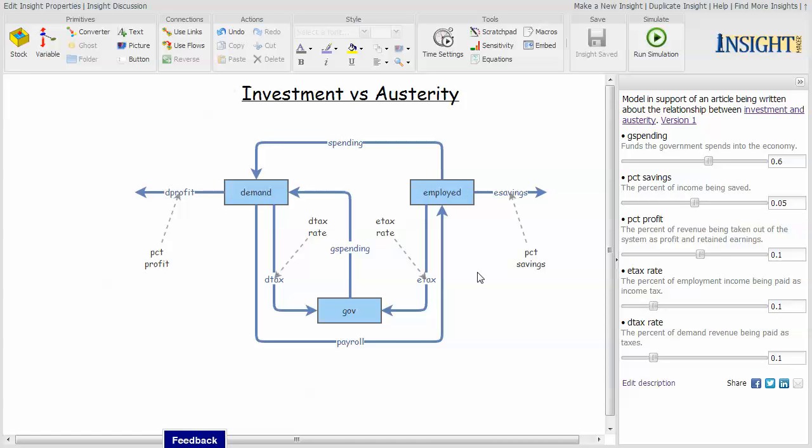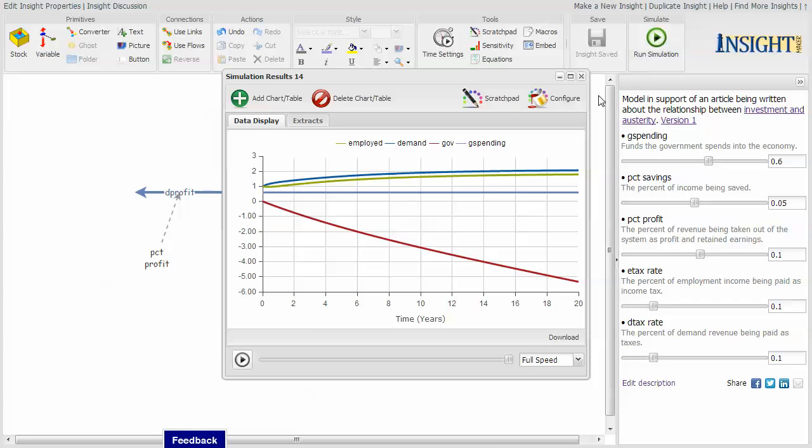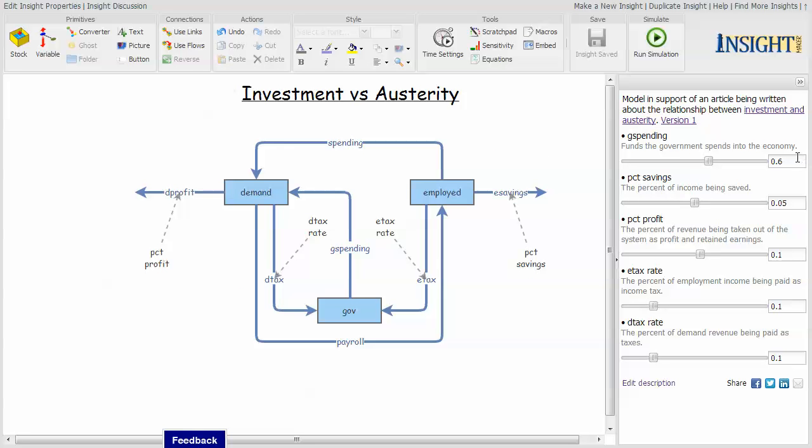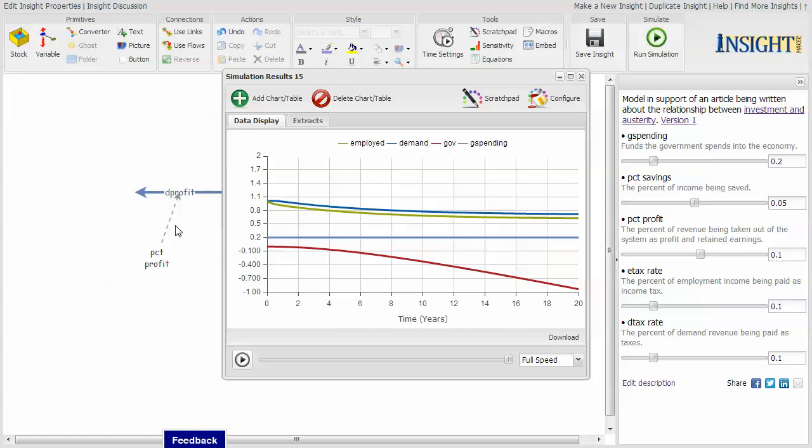And if you specifically say that I want to induce austerity to balance the government budget, which is to say that the government only spends what it takes in, then you find that the economy declines substantially, and the budget still isn't balanced.